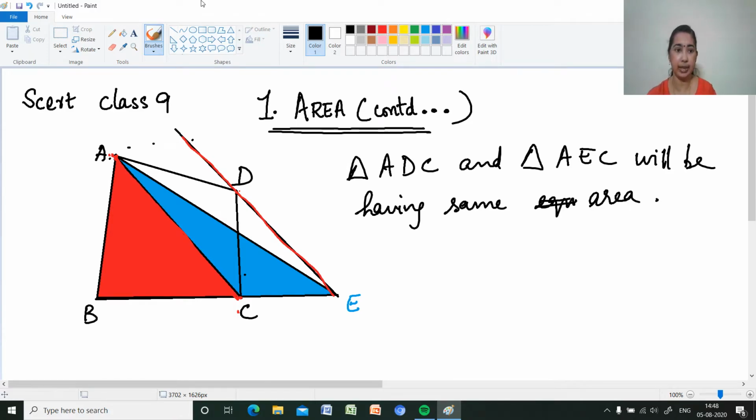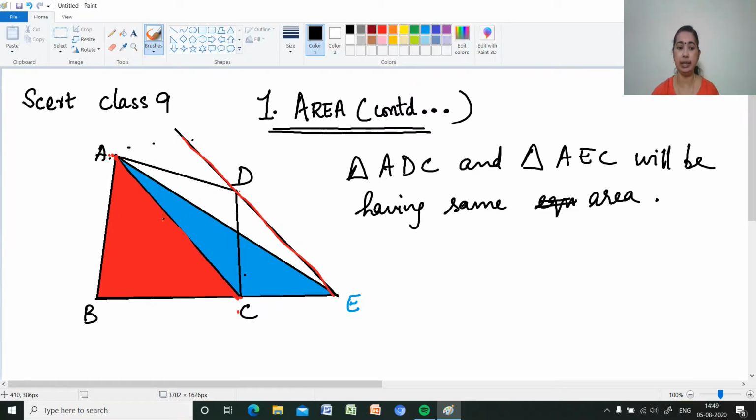Hence we can say that this quadrilateral ABCD and triangle ABE have the same area, because this part, the red region, is common for both the quadrilateral and the triangle. The only difference is in ADC and AEC, and we know those have the same area because they lie between the same parallels.